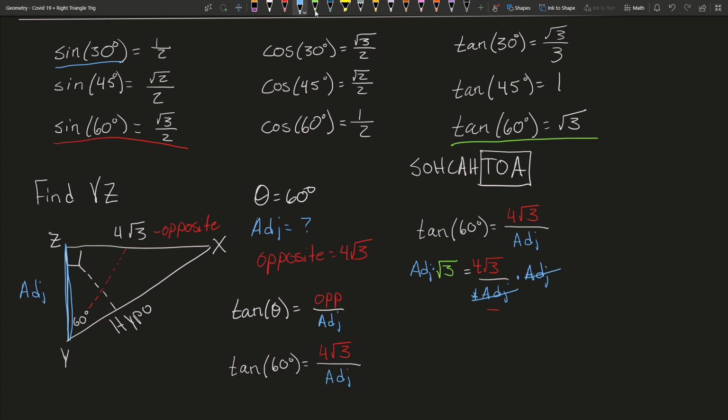Then they would cancel. So you'd have the adjacent times rad 3 is equal to 4 rad 3. Then we would have to divide by rad 3 in order to get the adjacent side by itself.